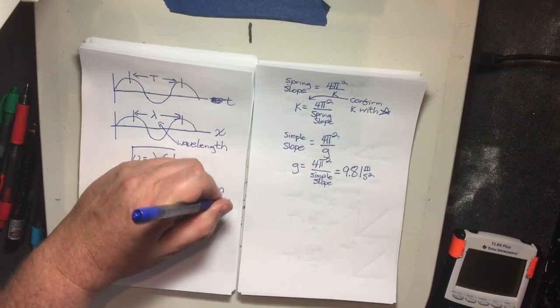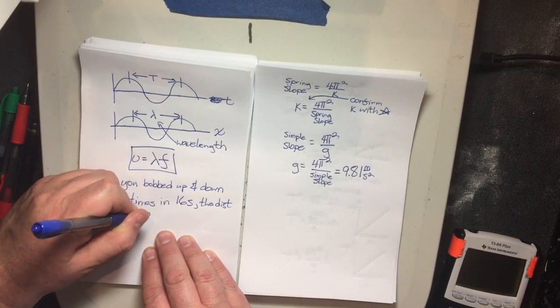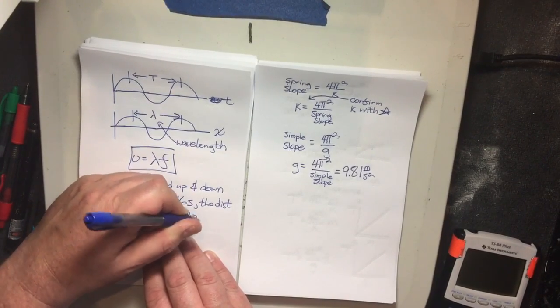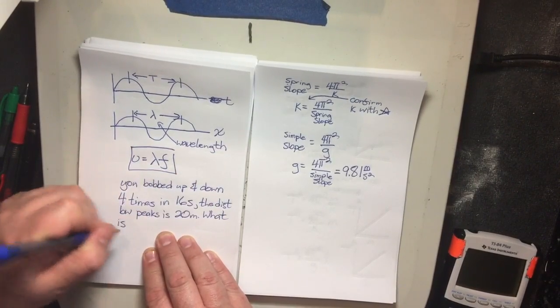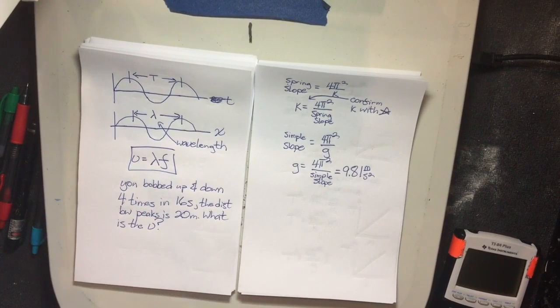The distance between peaks is 20 meters. What is the velocity of the wave?